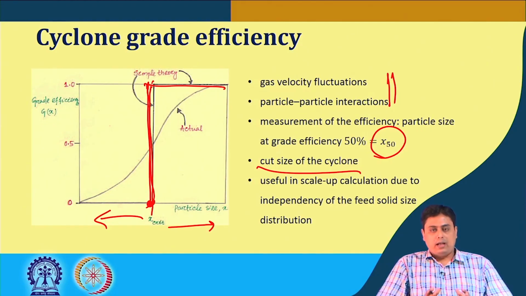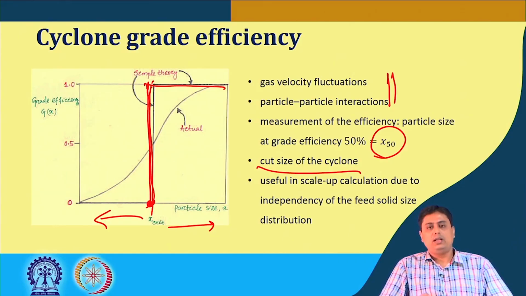So, what does that mean? That whatever we have covered now is that we have seen the flow pattern, or we have seen how a critical size of a particle that can be captured for a given operating condition can be calculated or determined.